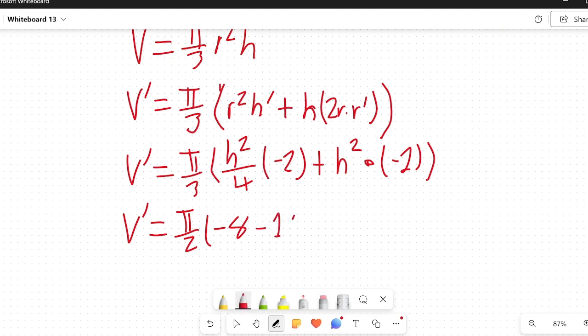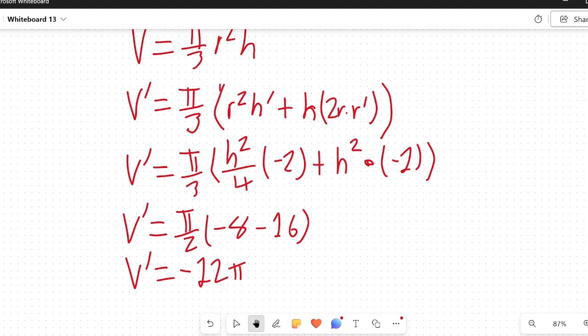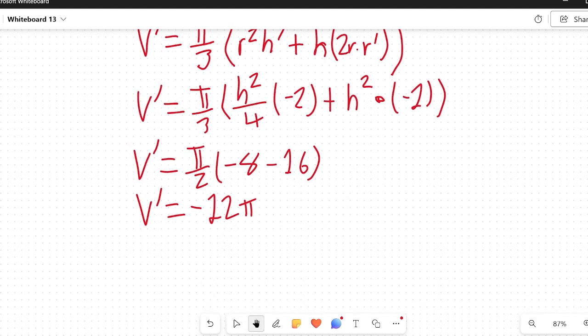So the volume of the tank is going to be changing at a rate of 12 pi meters cubed per second.